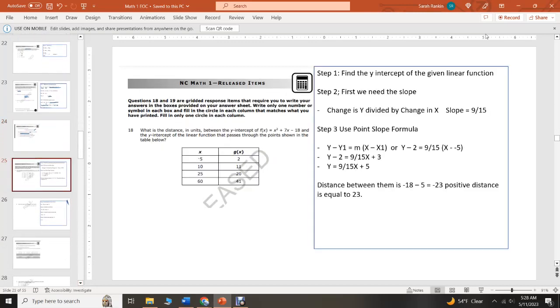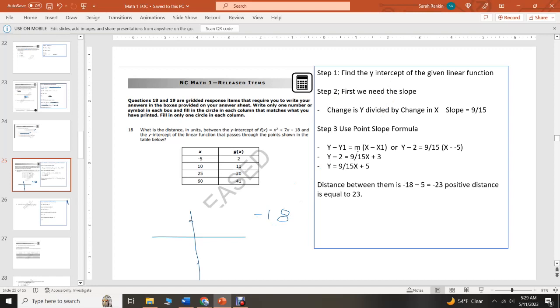Number 18. What is the distance? If they're both on the y-axis, the distance will simply be the difference between the 2 points. The key here is I know one y-intercept is -18, because that's already in mx plus b format. So we've got to take this function and figure out the y-intercept. The first thing we have to do is calculate the slope, change in y over change in x.